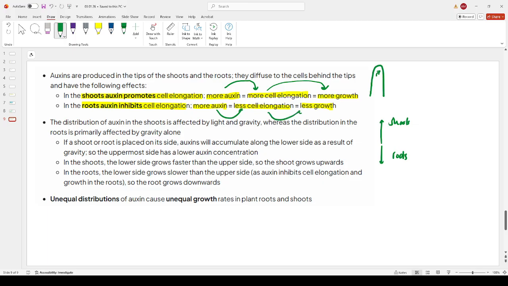Now, just to remember, what did we say? We said shoots. Does it have a positive response or a negative response? Let's say, for example, we're talking about the shoots. So let's say for phototropism, does it have a positive response or a negative response?